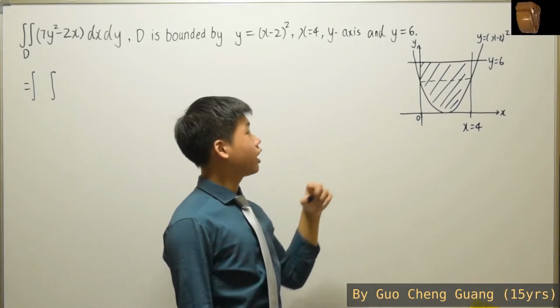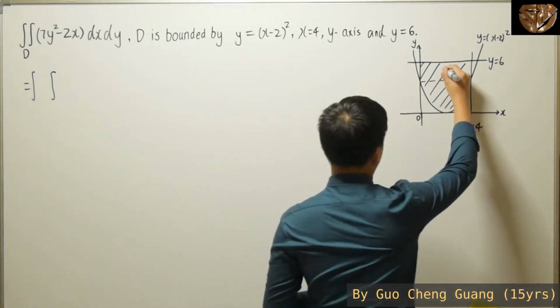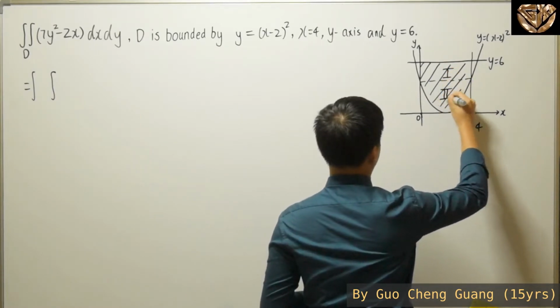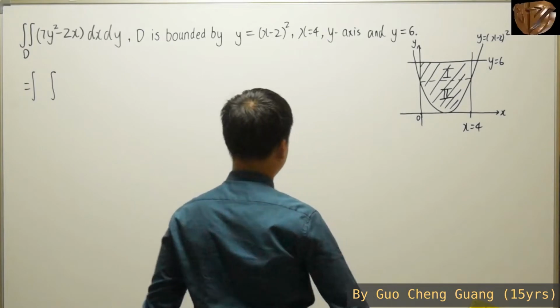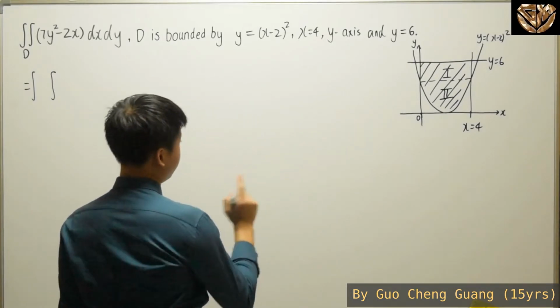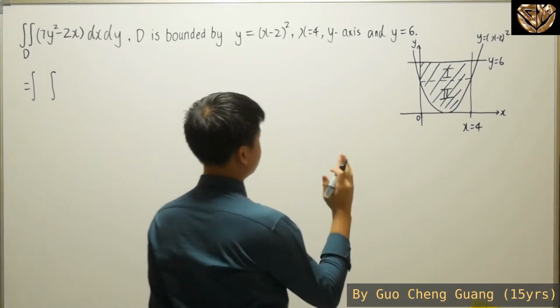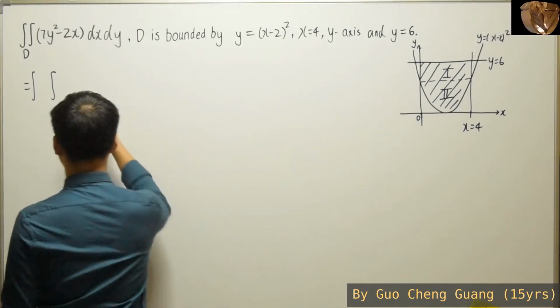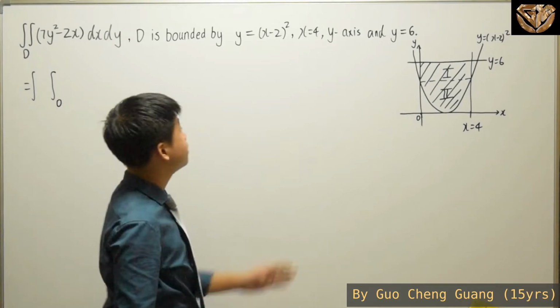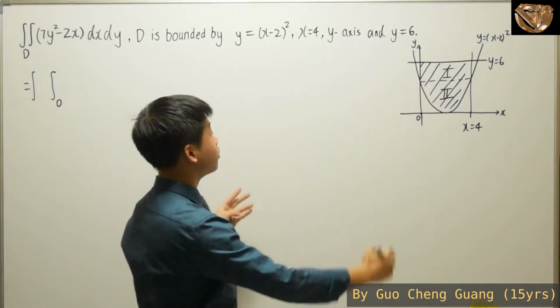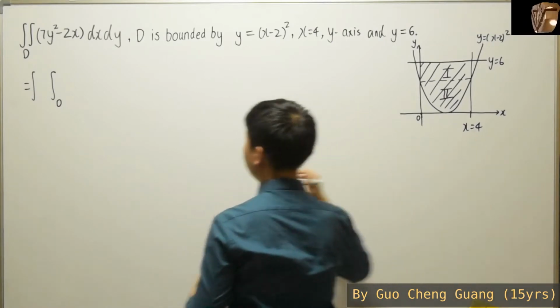Let's call this part I, and this part below part II or part 2. So for part 1, we have the straight line to another straight line, so x will be from 0, since this is your y-axis. On the y-axis, your x is always 0. So from 0 to 4.